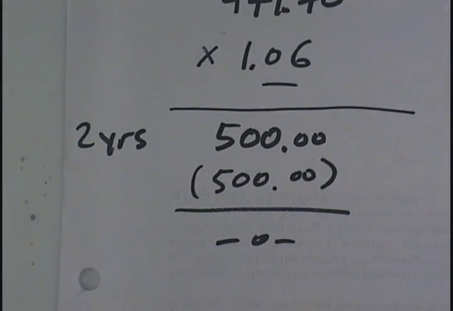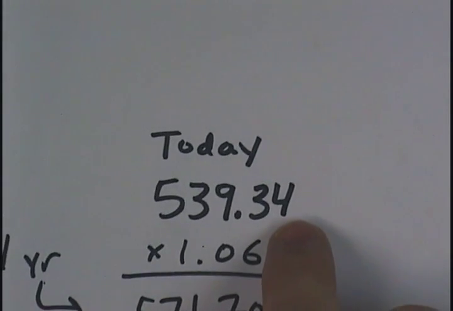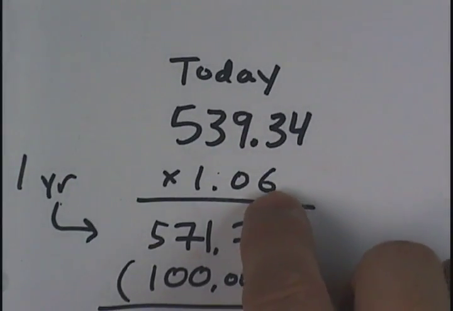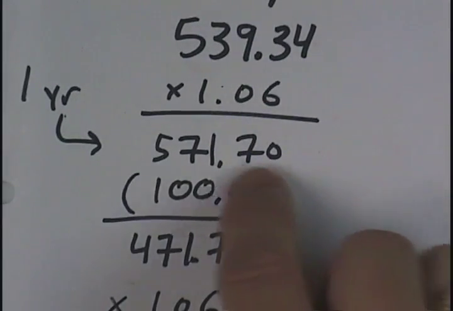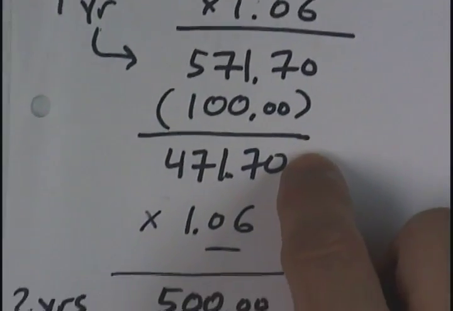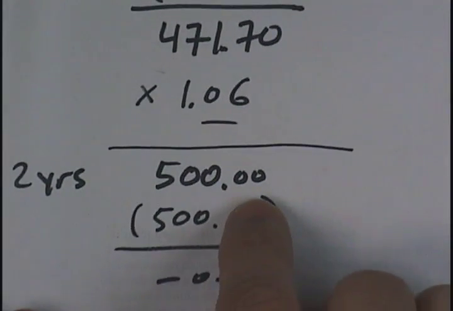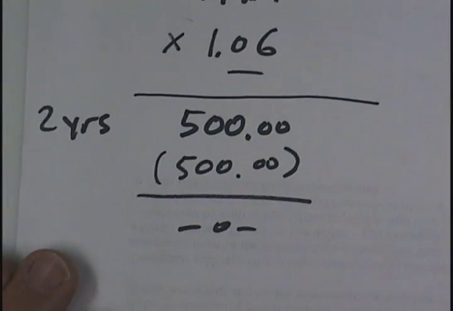So I would be able to pay the $539.34 today for this investment and earn my 6% return on that, because it would grow at 6%. In 1 year I could pull the $100 payment out, reinvest that amount for the 6% return, and that will produce the $500 at the end of year 2.